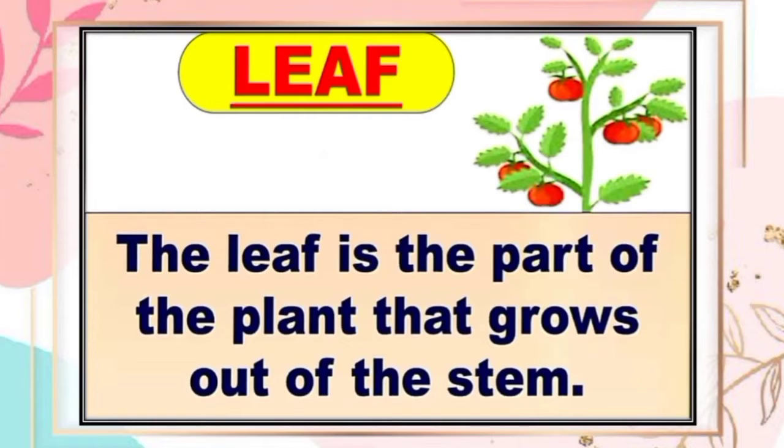Children, most of the plants on earth are green plants, right? You must have seen around you that all the plants are mostly green, right? So why are they green in color? Why are most of the plants green?